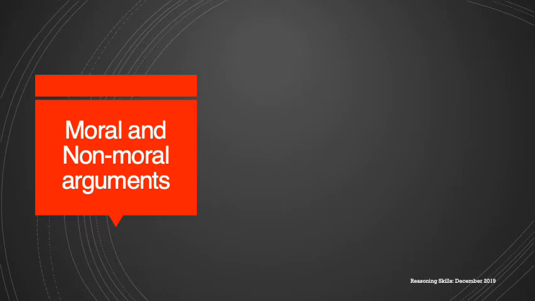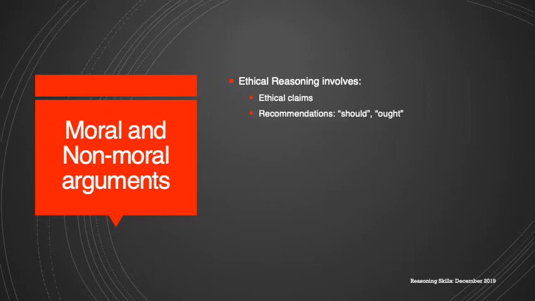There are both moral and non-moral arguments. Ethical reasoning involves ethical claims. It doesn't just come out of nowhere. It leads to recommendations, and sometimes it builds on recommendations that use words like should and ought.